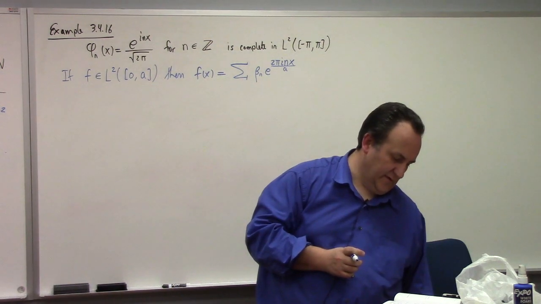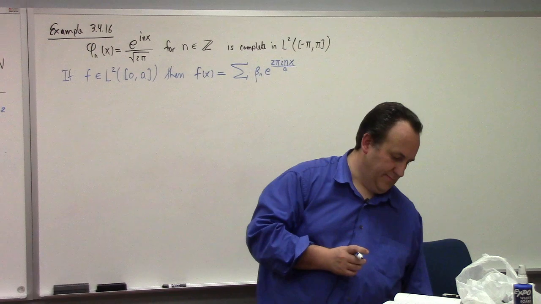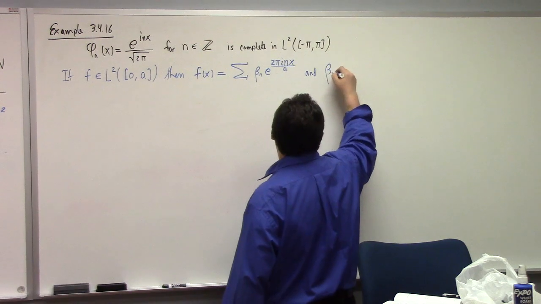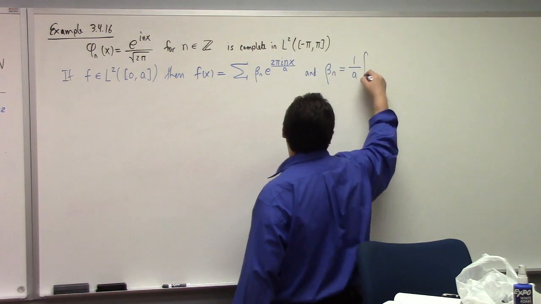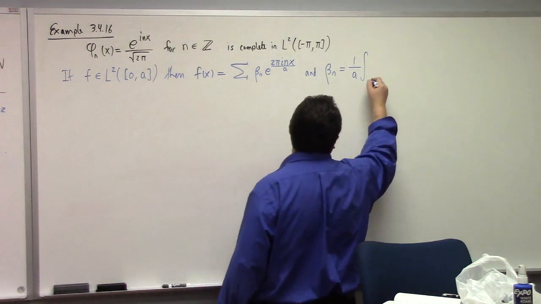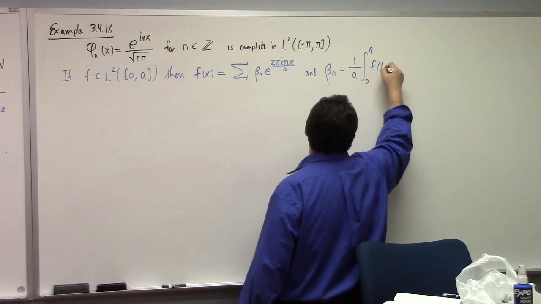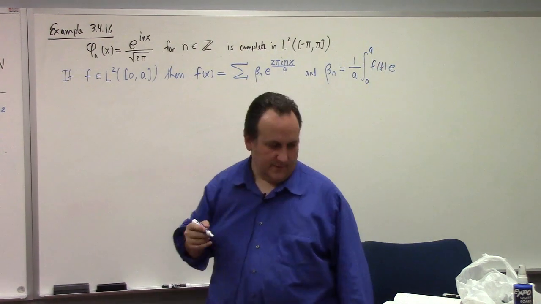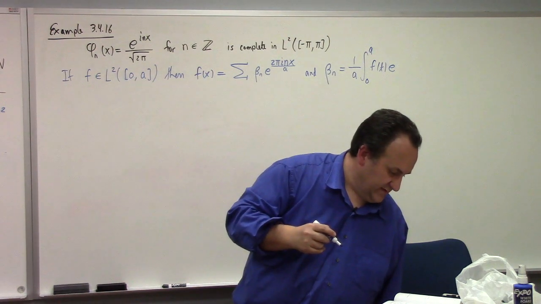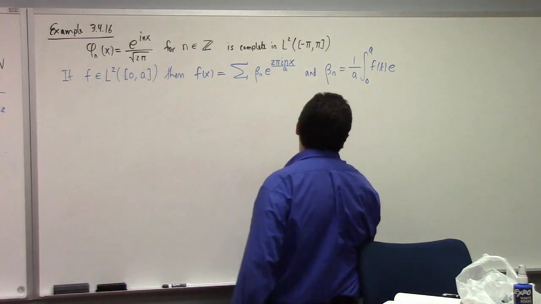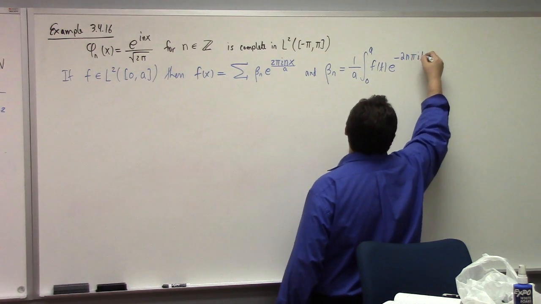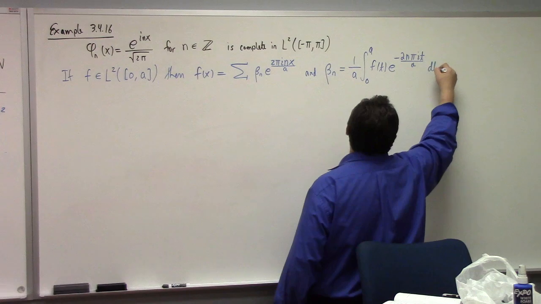And the beta n will be given by 1 over a times the integral from 0 to a of f of t e to the minus 2n pi it over a dt.